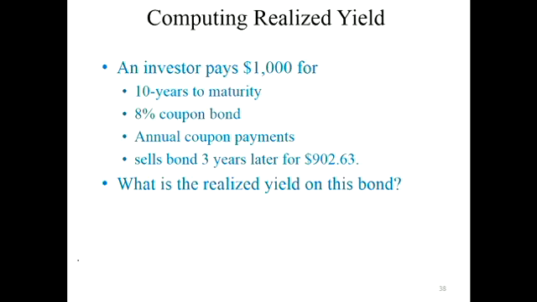And then at year 3 you get $902.63 for it, plus you also get the $80 coupon. And so on that third one, your total value there is $982.63. So that's the basic set of cash flows.